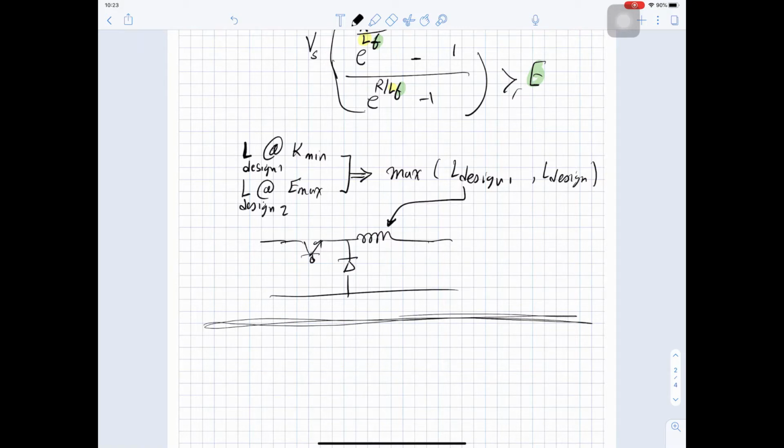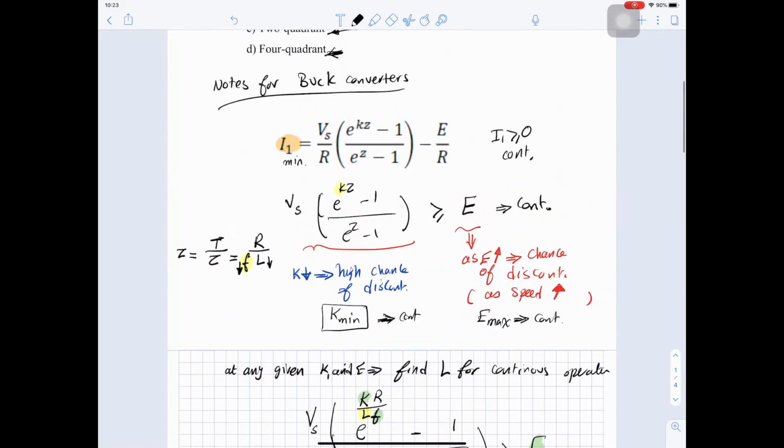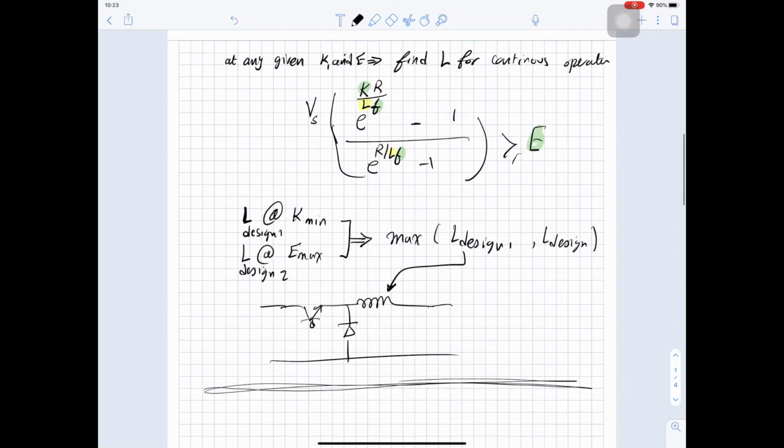And I think the problem set had some problems for designing the inductance to make sure that you have a continuous operation. So this is the last note for our buck converter, and the same note can be used for the boost converter. So this is a generic way how you design the converter.